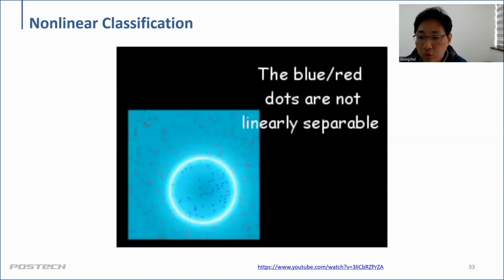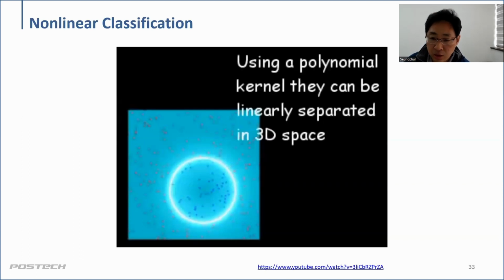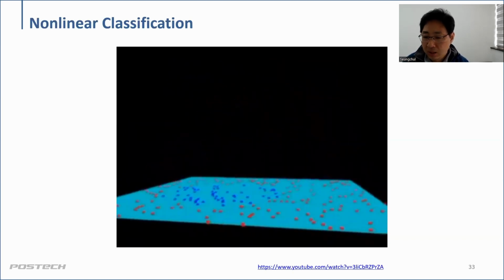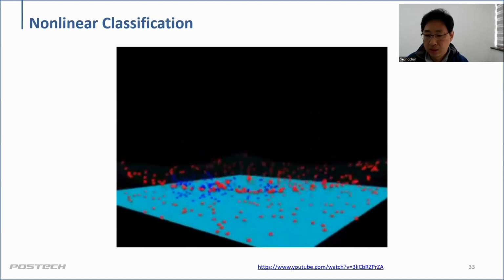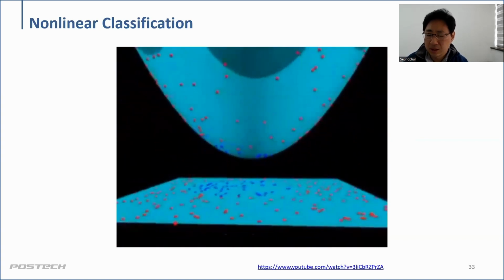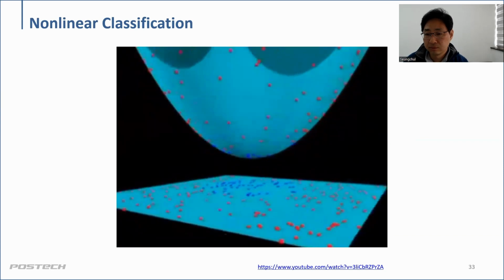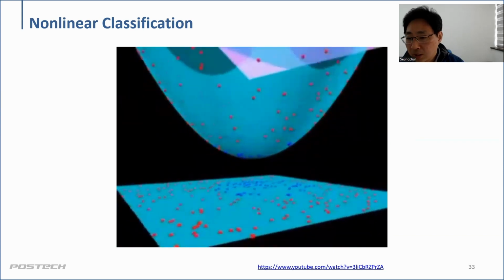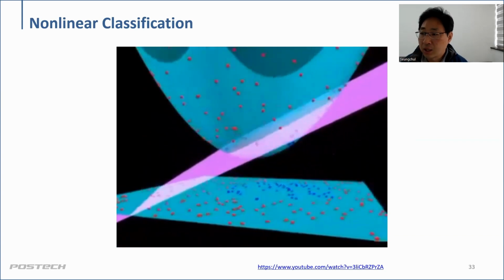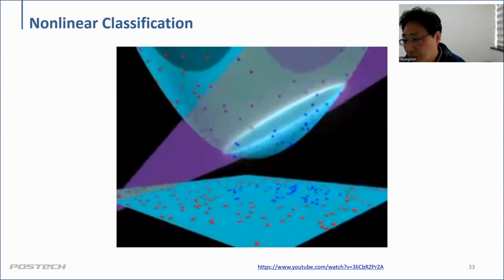Now, as you can see, in two-dimensional space, data points are nonlinearly distributed. Red is outside and blue is inside. Now, apply kernels that re-represent it in three-dimensional space like that. Now, in three-dimensional space, it's linearly separable. We are able to find linear hyperplanes or classifiers.